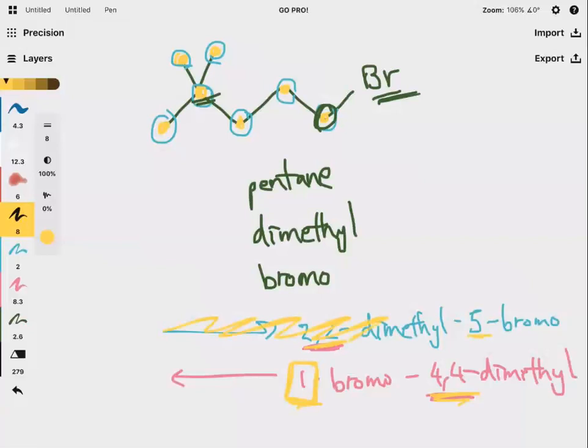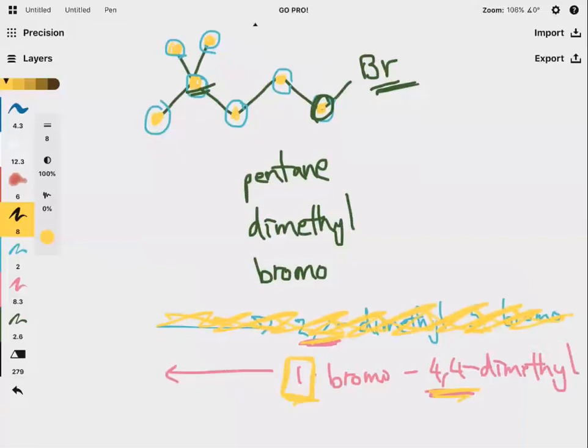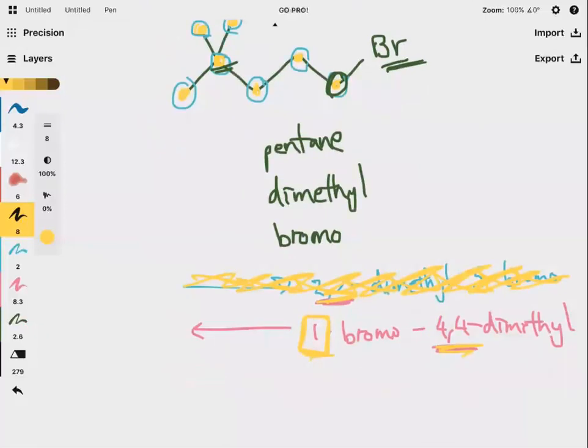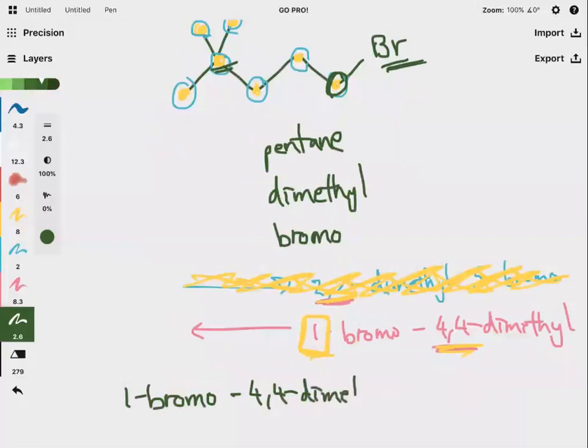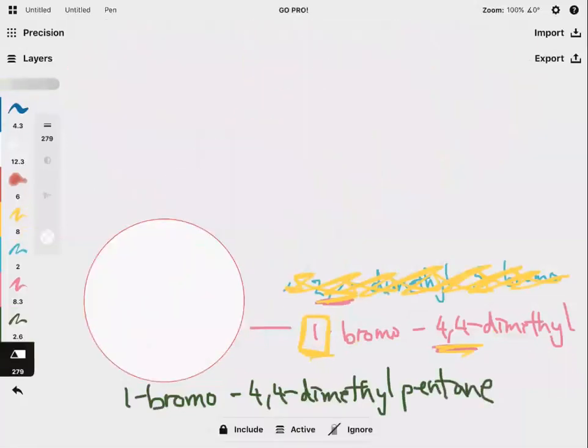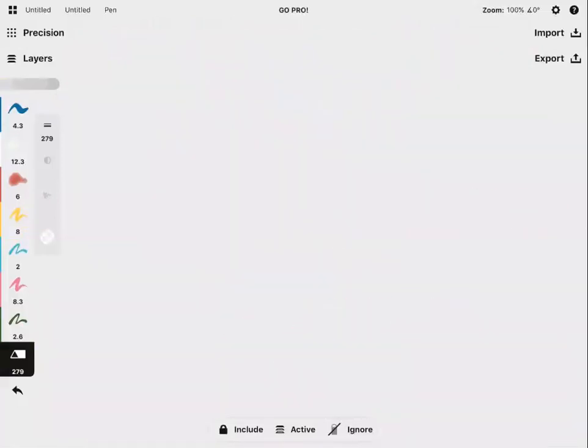Okay? So the name of this structure would be 1-bromo-4,4-dimethylpentane. Let's see what else we can do to it.